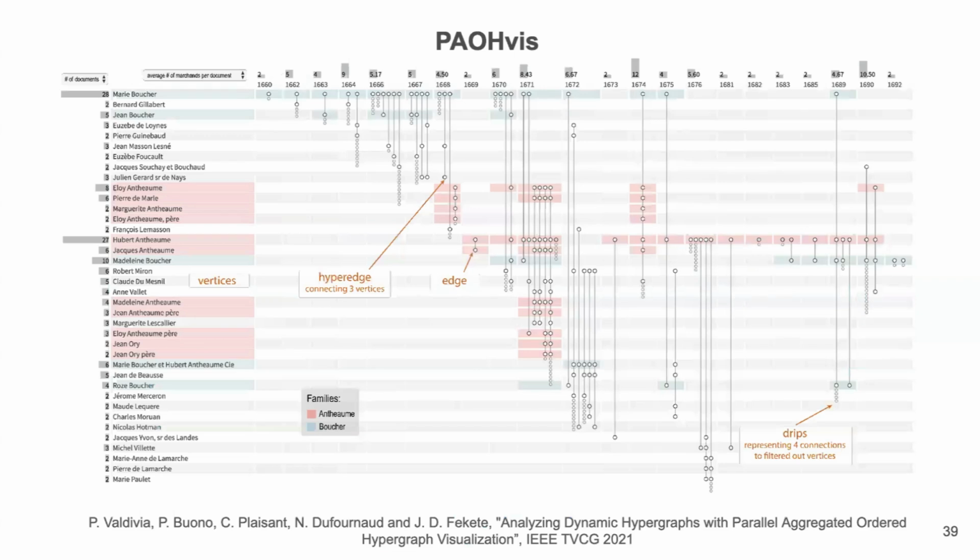And speaking about that style of network visualization, where we represent belonging to a set similarly to UpSet, I wanted to show PAOHVis. This is a visualization style where you have the nodes in your network represented as rows, and the connections are represented as these vertical lines.